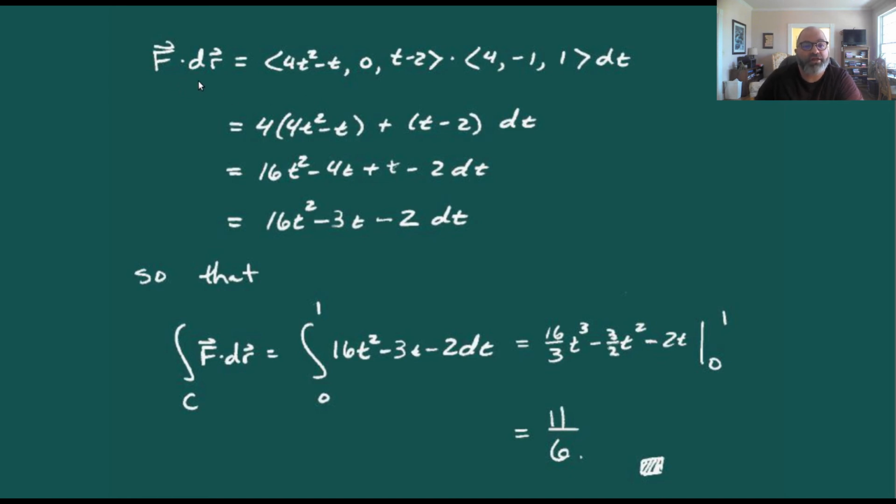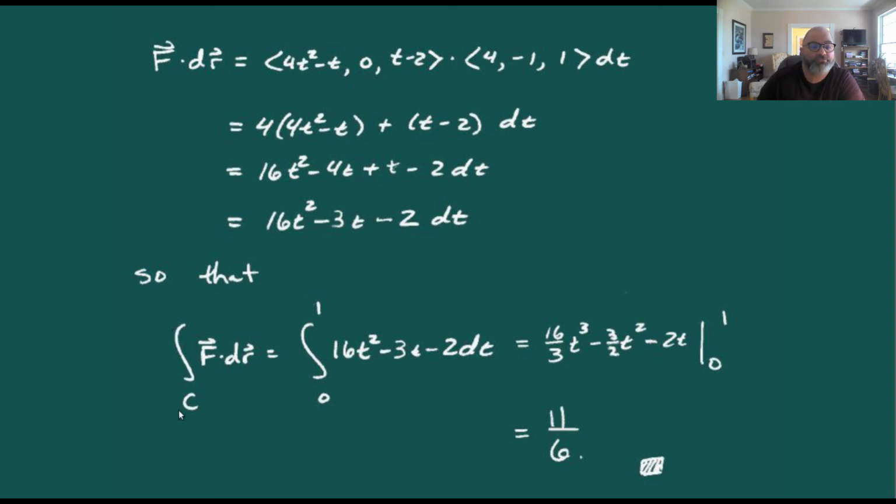Then if we go through and do f dot dr, that's just doing the dot product. We multiply 4 times (4t squared minus t), plus -1 times 0, plus 1 times (t minus 2), which gives us an expression that simplifies down to (16t squared minus 3t minus 2) dt.